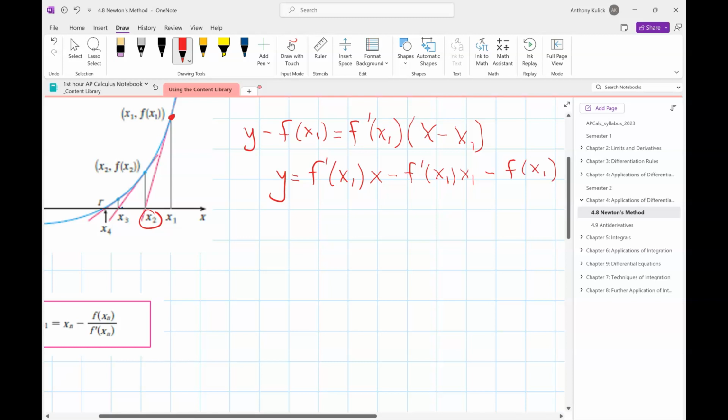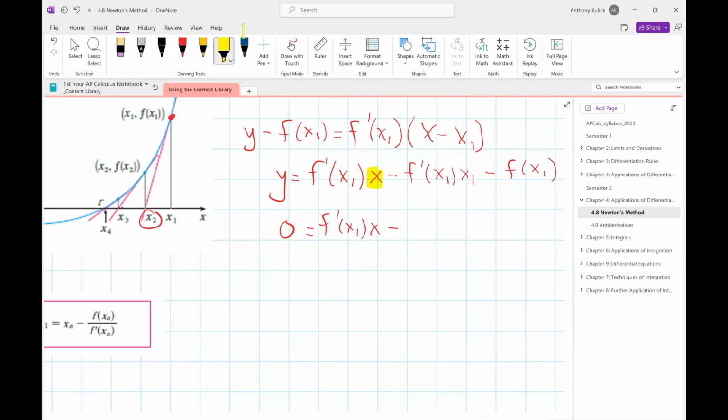If we're looking for the x-intercept, the y-coordinate becomes 0. And now I'm solving for x.